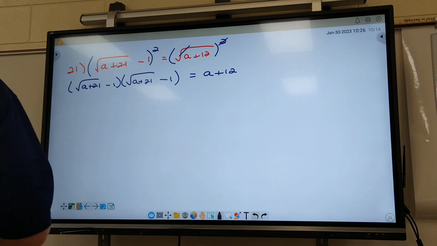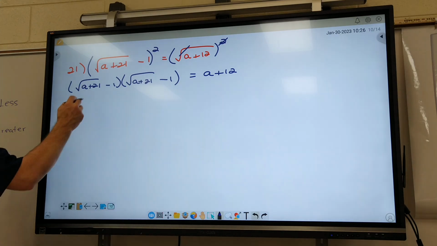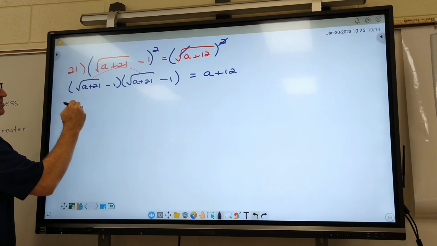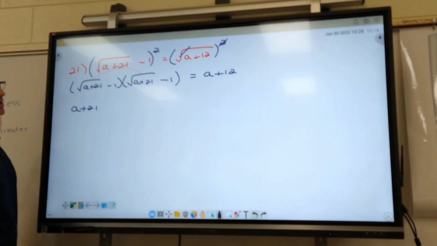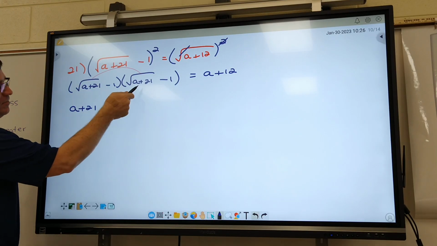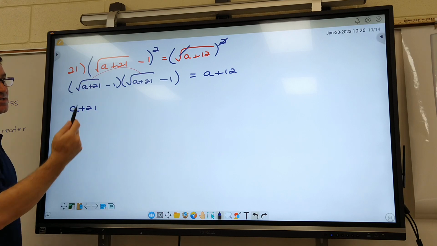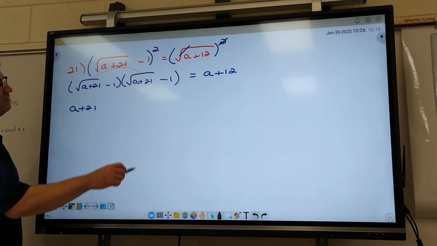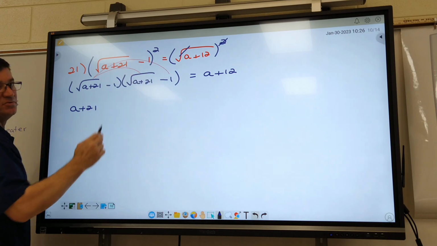All right, so let's go through it step by step. What do I get when I times these two together? You just get a plus 21. Taylor, here's the deal. As long as they are exactly the same, when you multiply them, the square roots just cancel out. And they will always be exactly the same in these problems. All right, next, what about when I times these two?